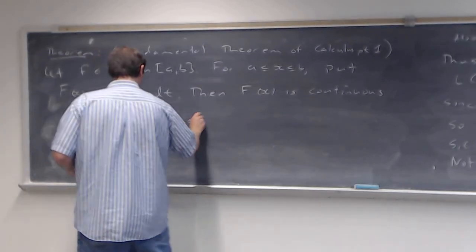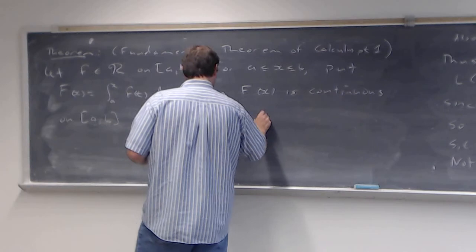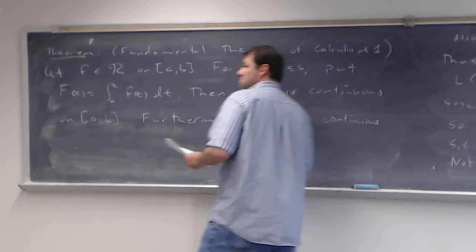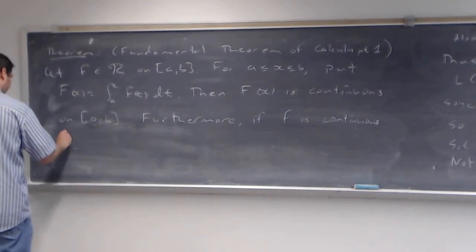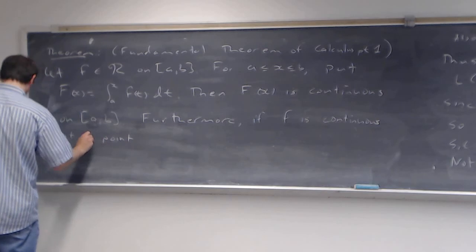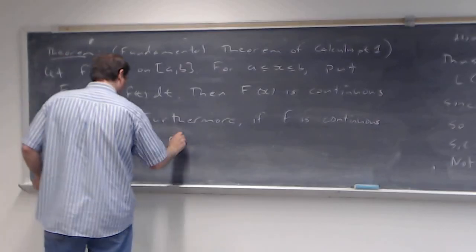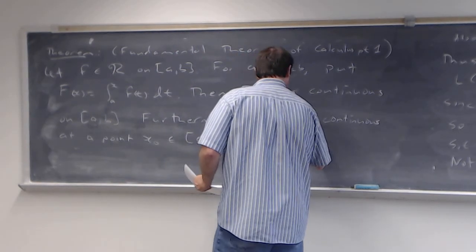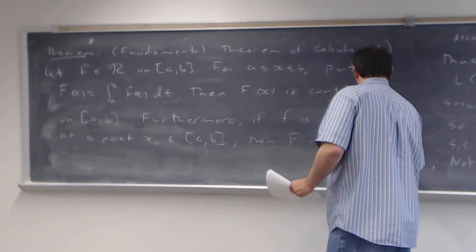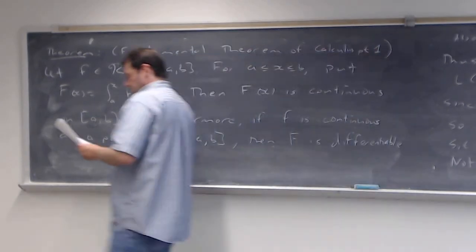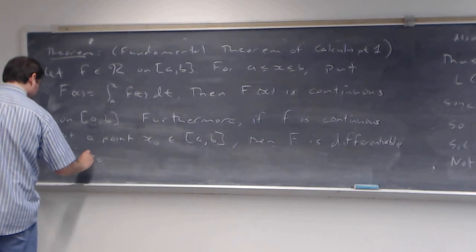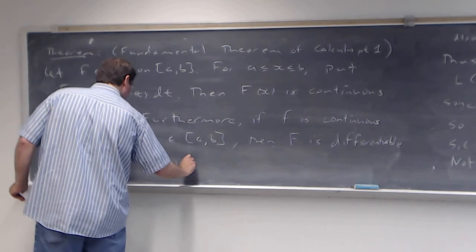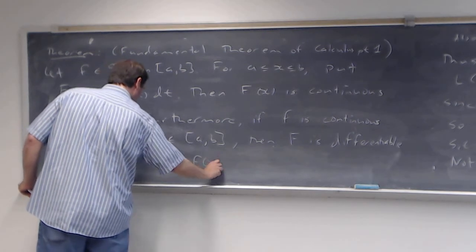Furthermore, if f is continuous at a point x naught in a to b, then big F is differentiable at x naught, and big F's derivative equals little f at x naught.